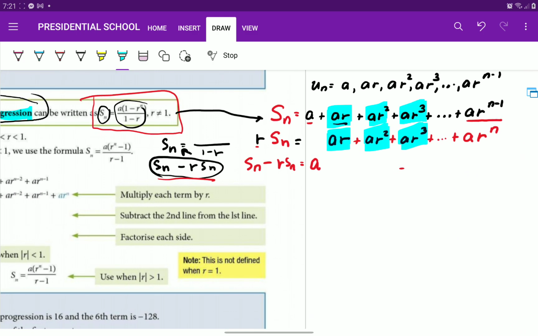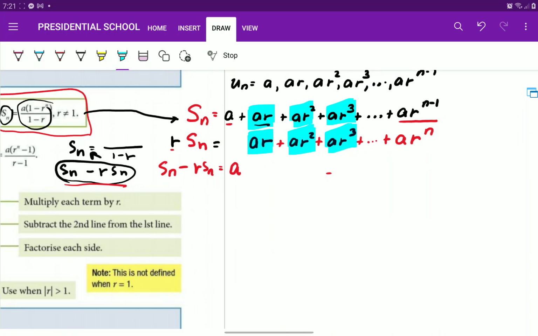And then what will happen to the ar to the n minus 1? I will rewrite it properly.